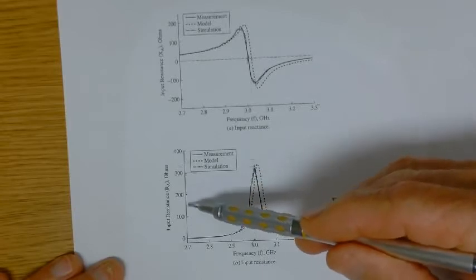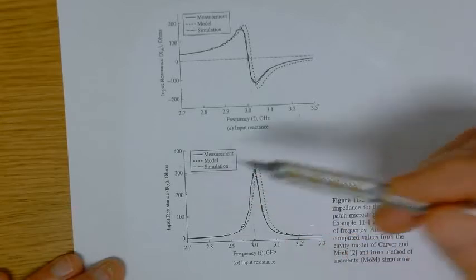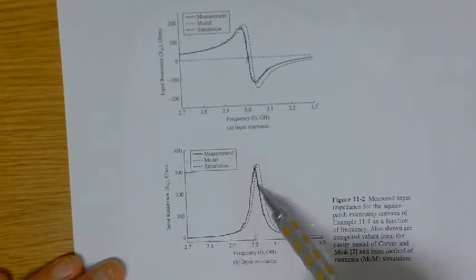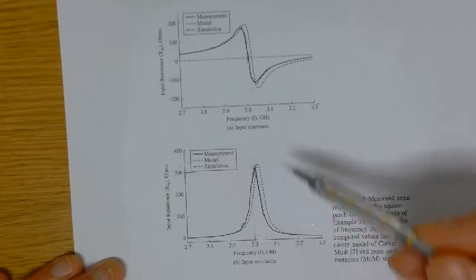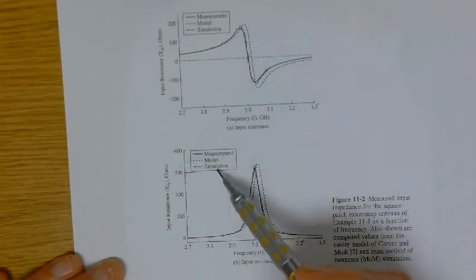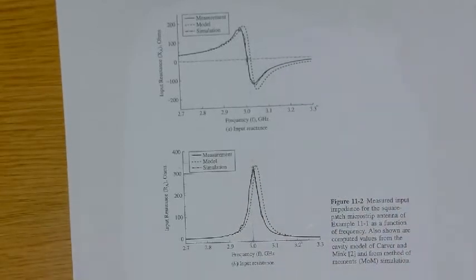We said somewhere between 100 and 400 ohms, so that's about right. And he shows different methods. Measurement, that's the most accurate. And then there's the simple model that we're using. It misses it a little bit. That's this dashed curve. And then more sophisticated numerical techniques track the measured data quite accurately.